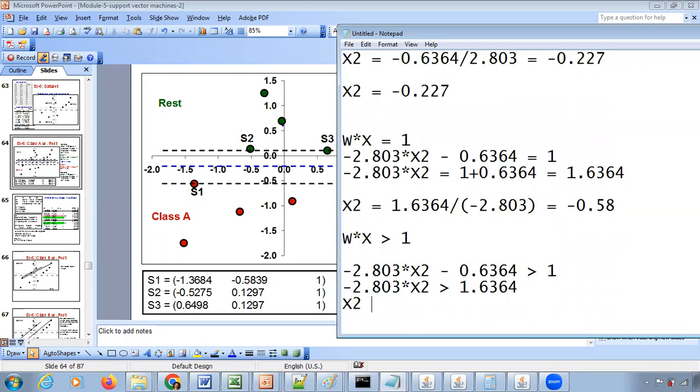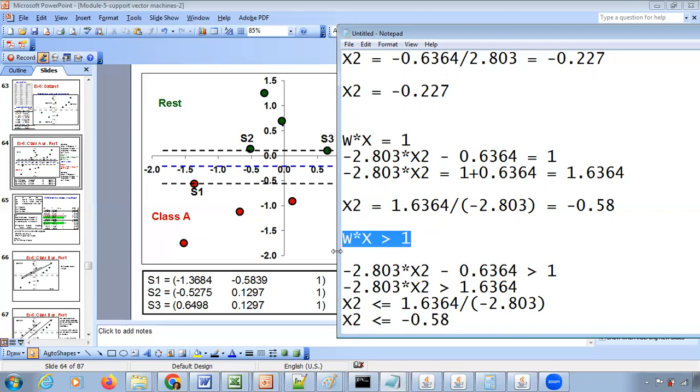So x2 is less than or equal to 1.6364 divided by -2.803. When you divide by a negative value on both sides of this inequality, the inequality changes to the other one. It's greater than here, so it should be less than or equal to. So x2 less than or equal to -0.58 will be the region for wx greater than 1.